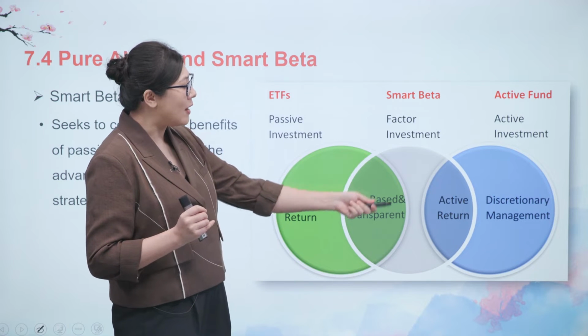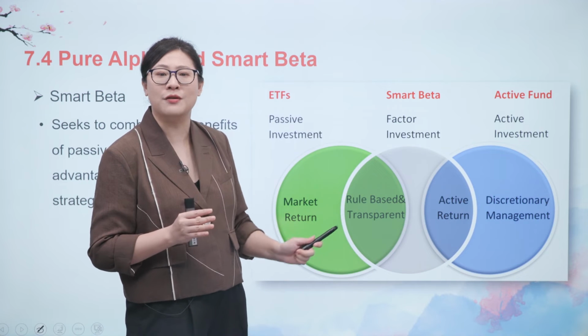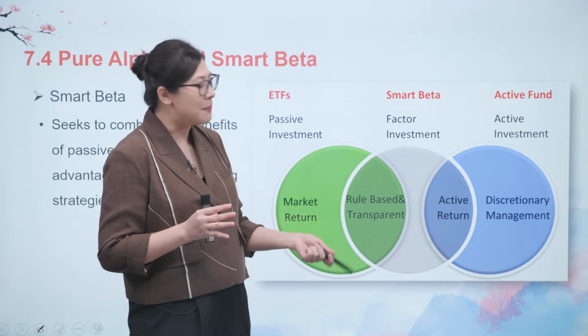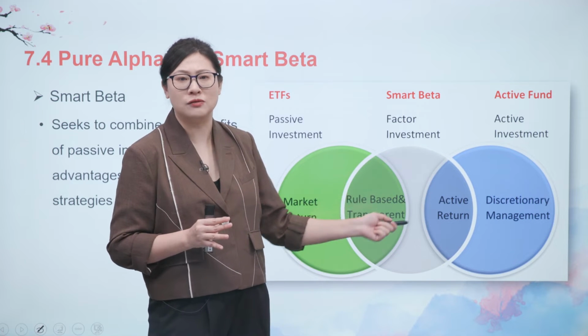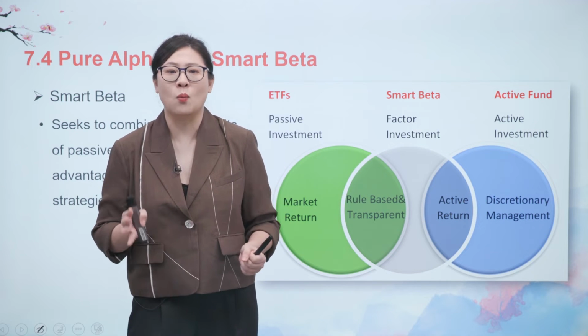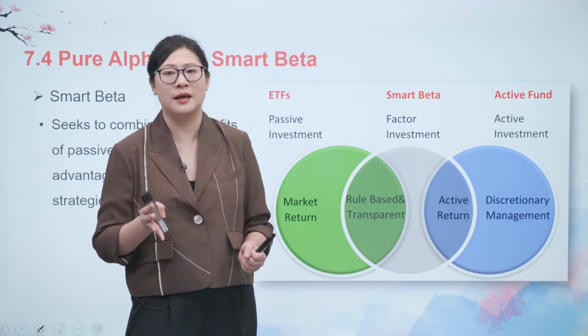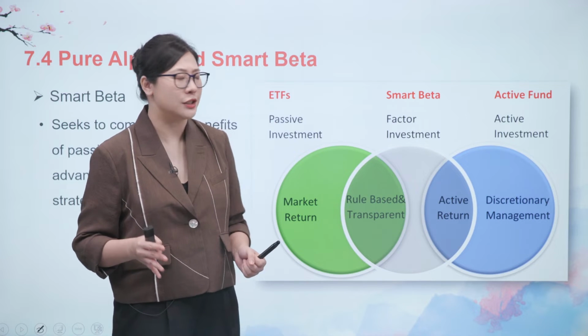On the one side, it is rule-based and transparent, and the transaction cost is much lower. But on the other side, it can also get some active return. So that's the reason why smart beta strategy has recently become very famous in China and all over the world.